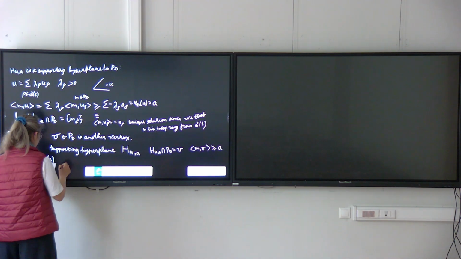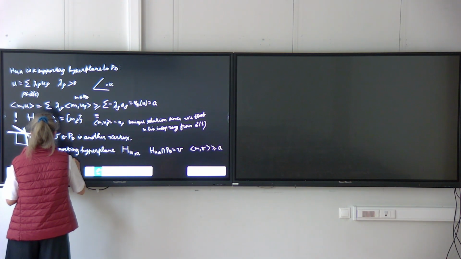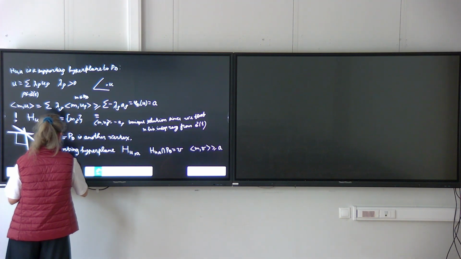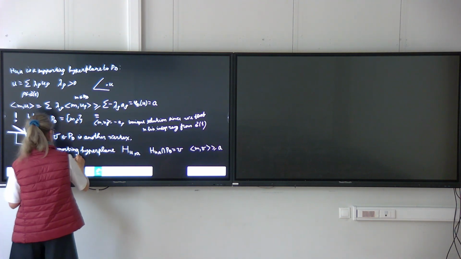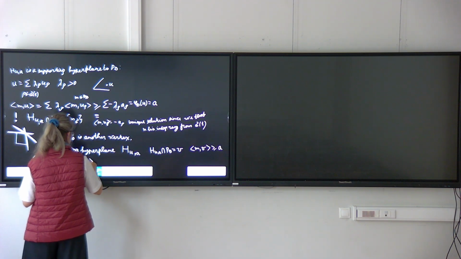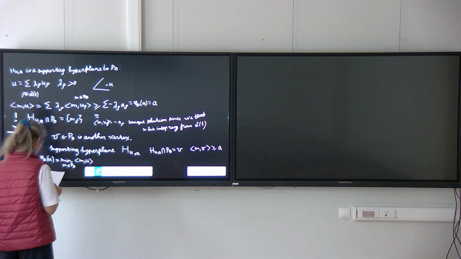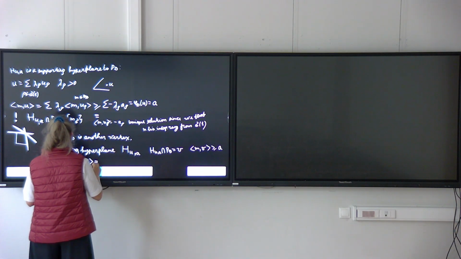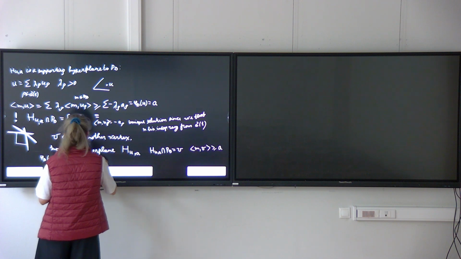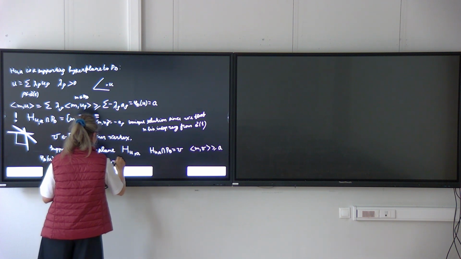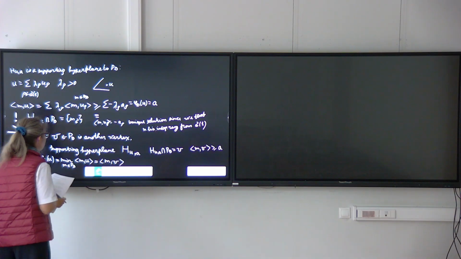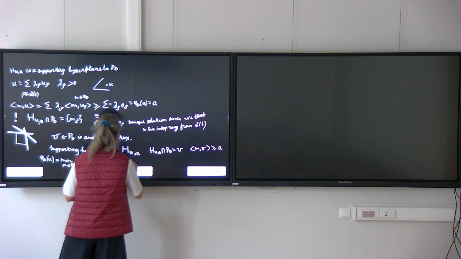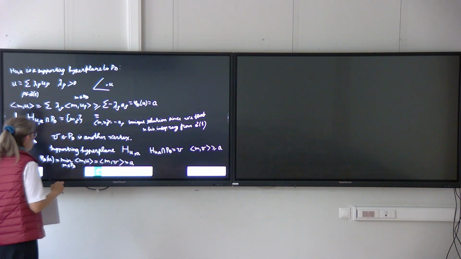Phi_D(U) is the minimum over all M from the polytope P_D of M(U). But this is equal to M(V), which is equal to A. Okay?